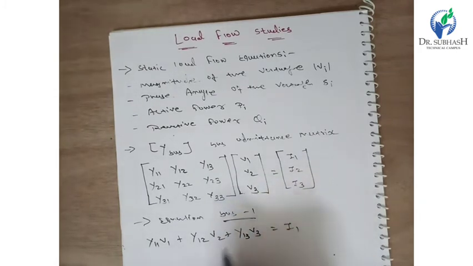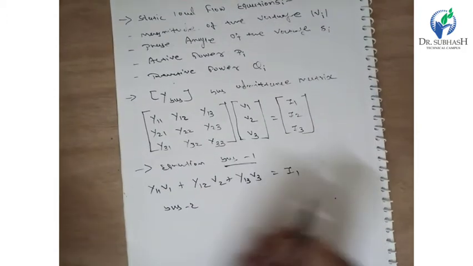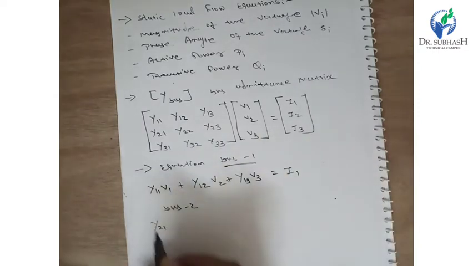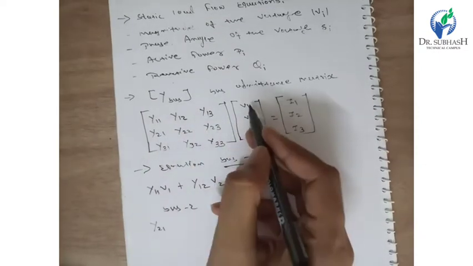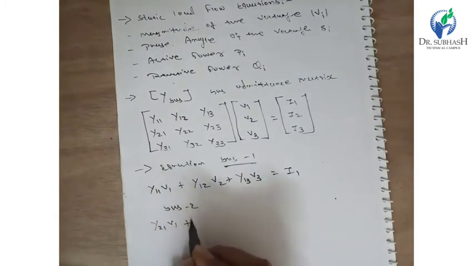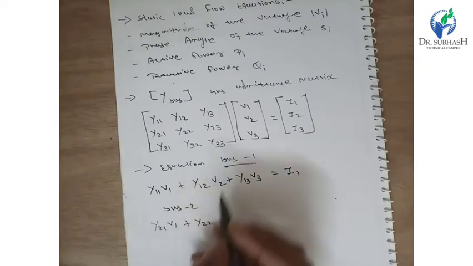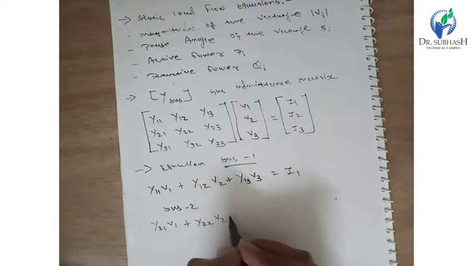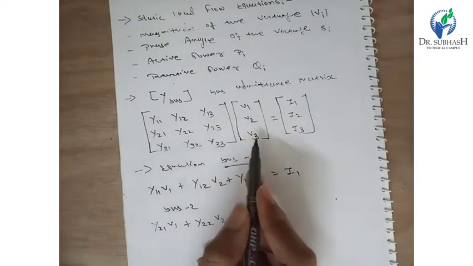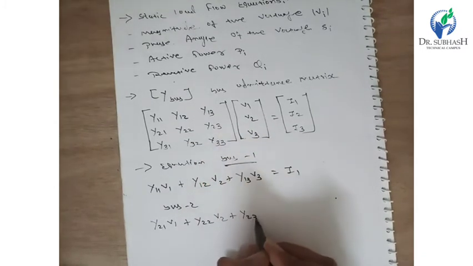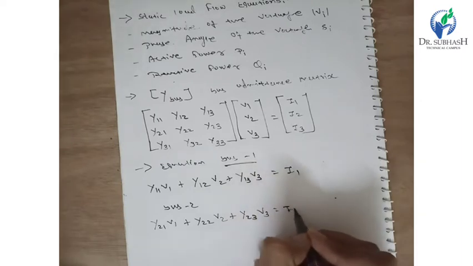For bus 2, the equation has the same form: Y21 multiplied with V1 plus Y22 multiplied with V2 plus Y23 multiplied with V3 is equal to I2.